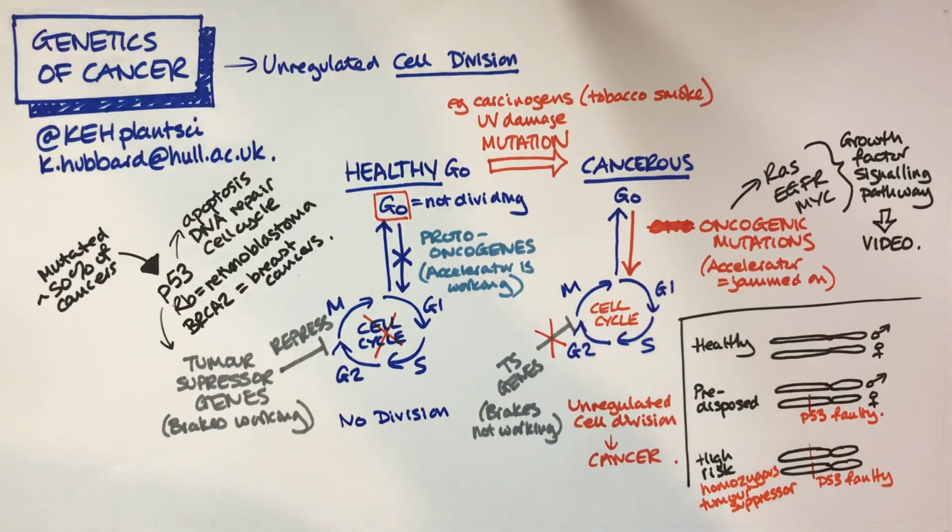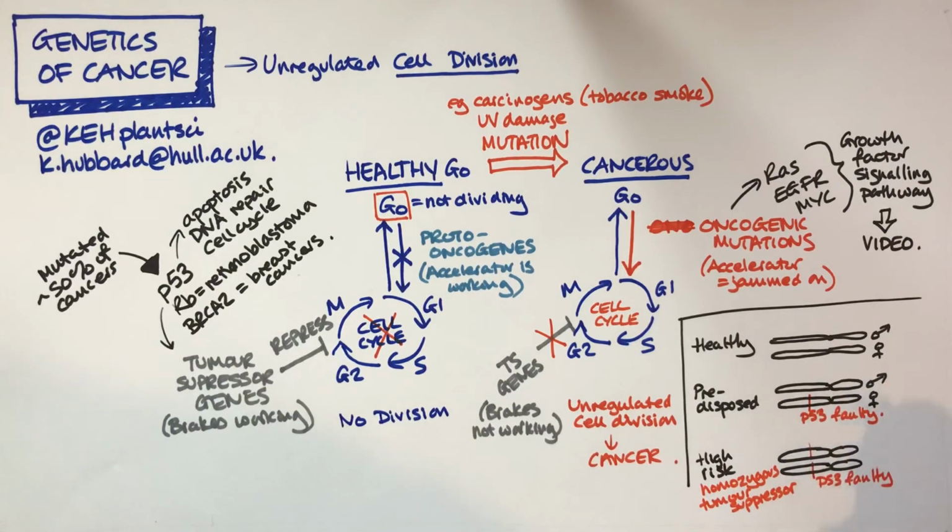In a lot of genetic screening and personalised medicine, one of the things we're looking for is: have you got a predisposition to cancer? Of these tumour suppressor genes or oncogenic mutations, we know quite a lot about them. So we can do genetic testing and screening to work out whether you're in a healthy situation or whether you've got a predisposition towards cancer.